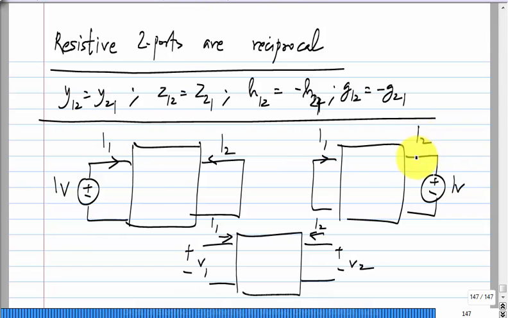Okay. There is no reason for these two to be equal. In this case, this I2 in this circuit will be equal to I1 in the other circuit, not this I1 and that I2. Okay. There is no relationship that is necessarily enforced between Y11 and Y22.